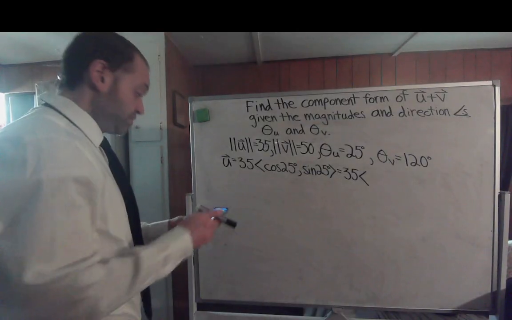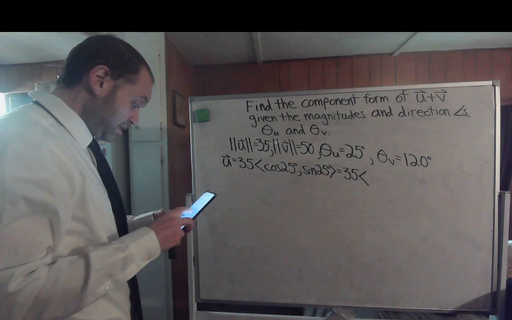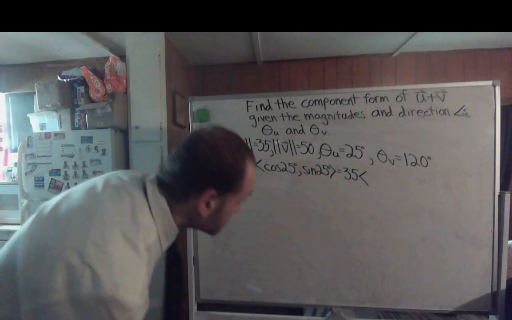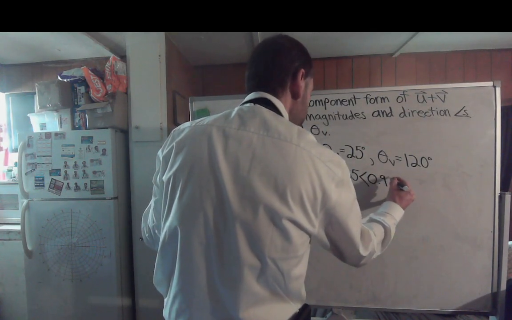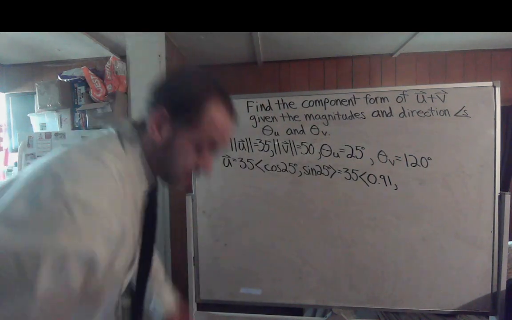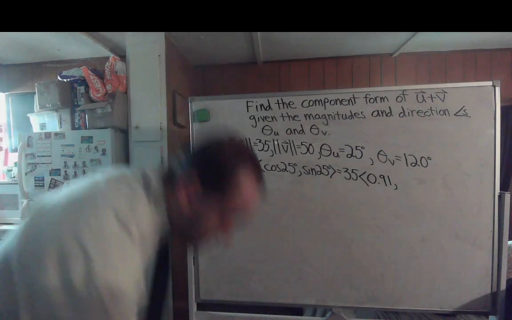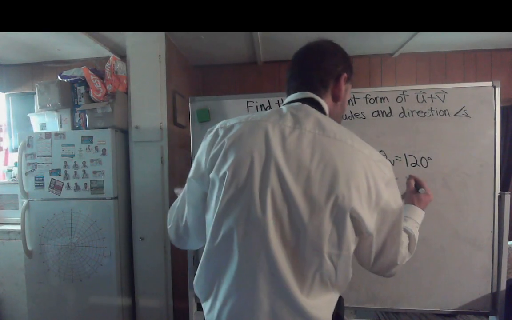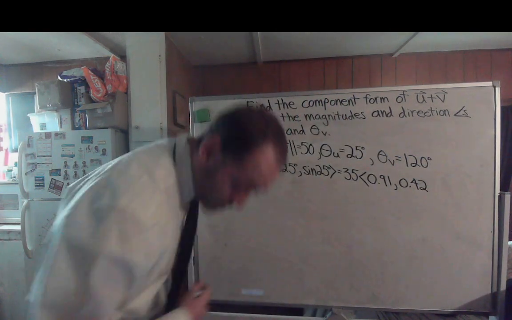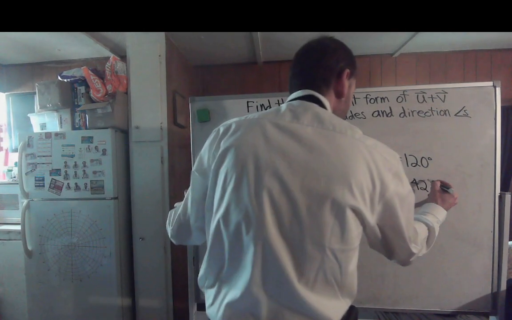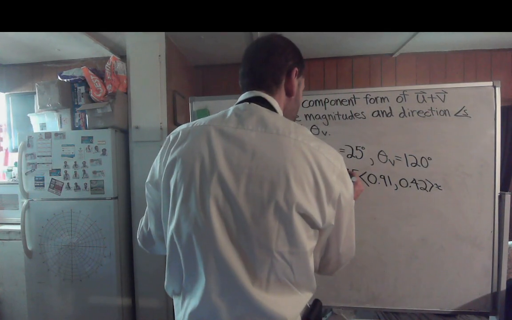I'm going to round to 2 decimal places. You get about 0.91 for the cosine of 25. What about the sine of 25? You get about 0.42.